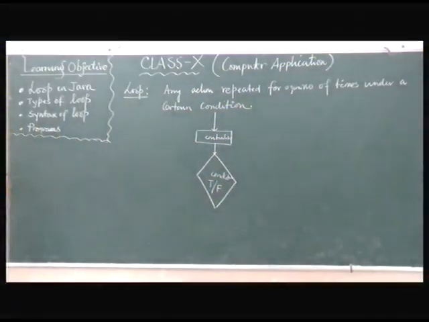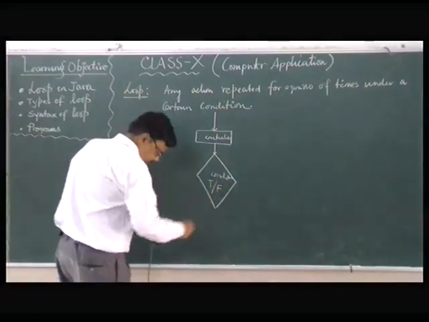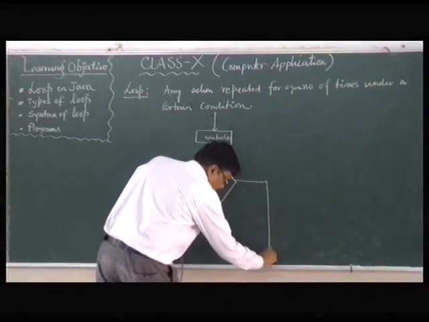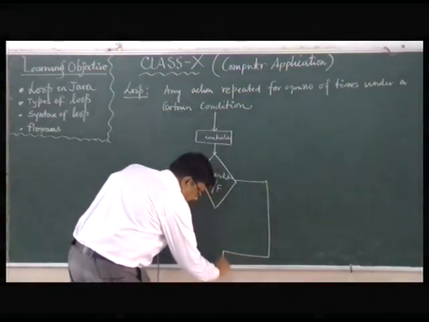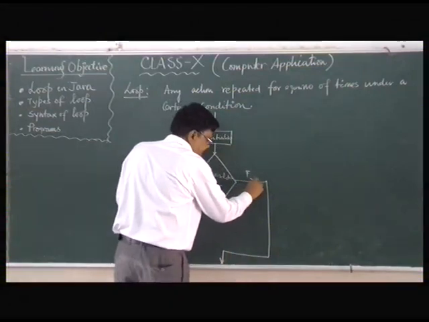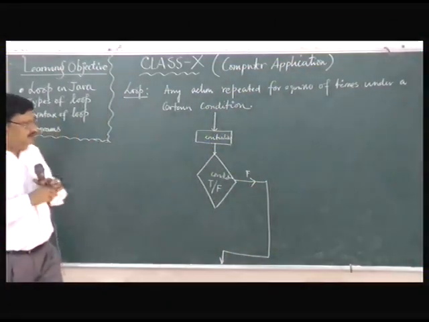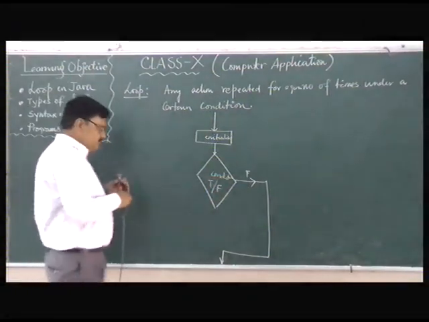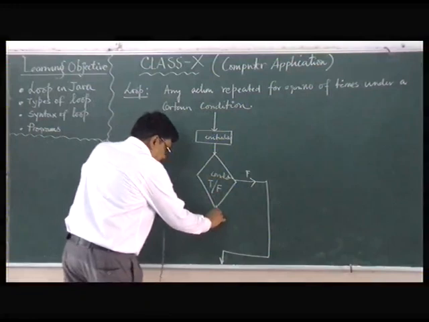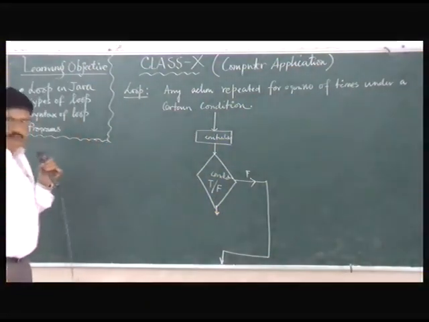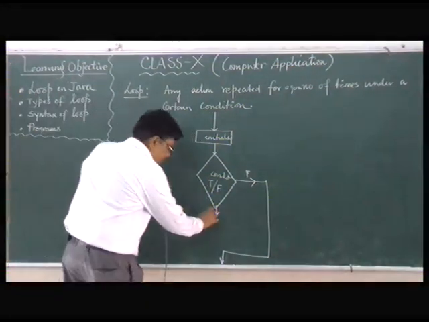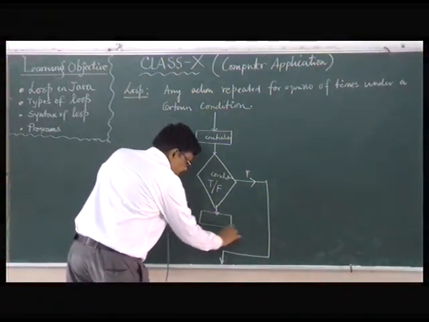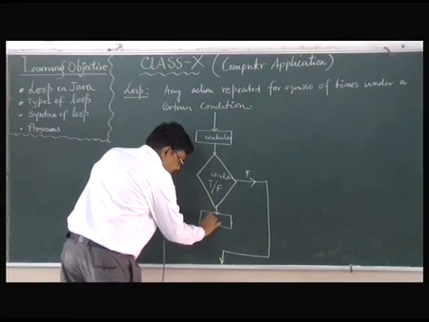If it is false, then it will simply come out of the loop. If it is true, then it will enter the body and execute the instruction.